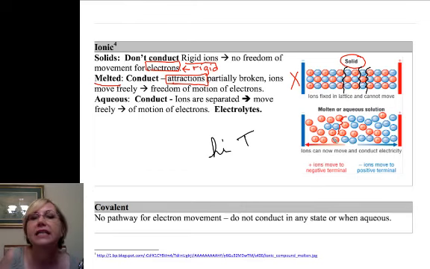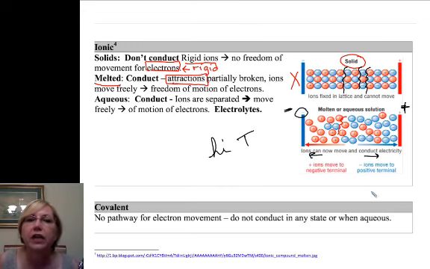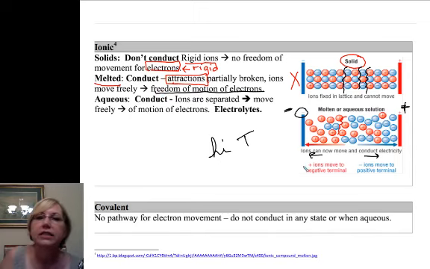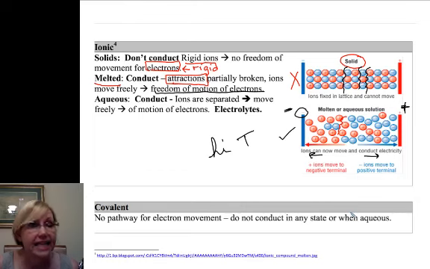What this picture is showing you is that if we set up a negatively charged plate here and a positively charged plate here, the ions can move, and those freely moving ions allow freedom of motion of electrons. And so molten or melted ionics will conduct.